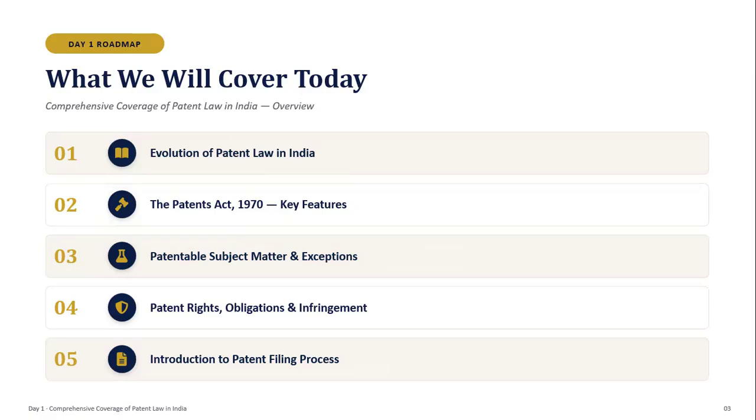Fourth, we will examine patent rights, obligations, and infringement. Finally, we will have an introductory discussion on the patent filing process, taking us from the initial idea towards patent grant. These 5 areas will provide participants with a structured understanding of the Indian patent ecosystem.